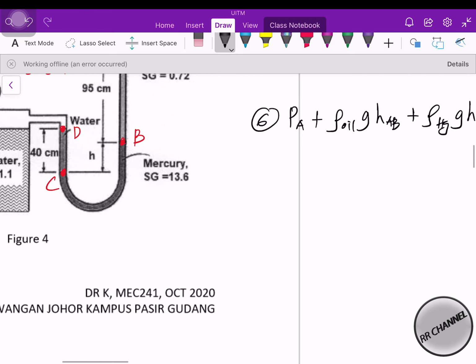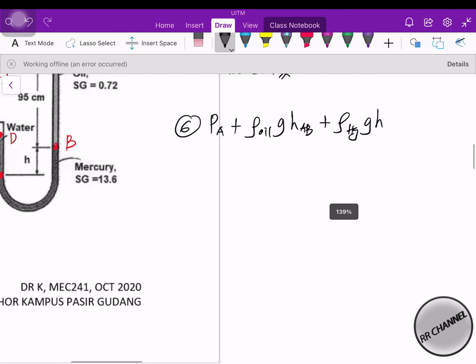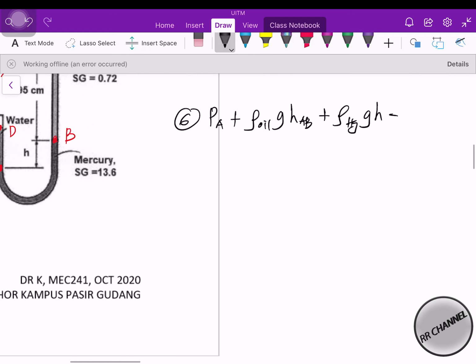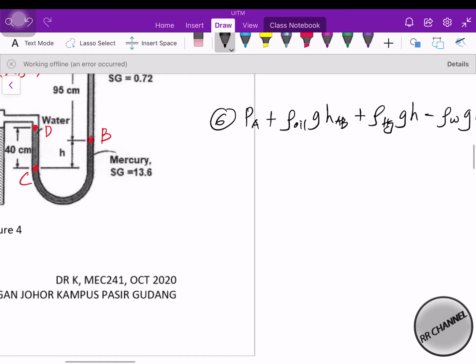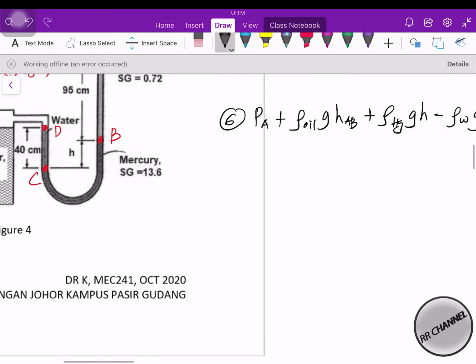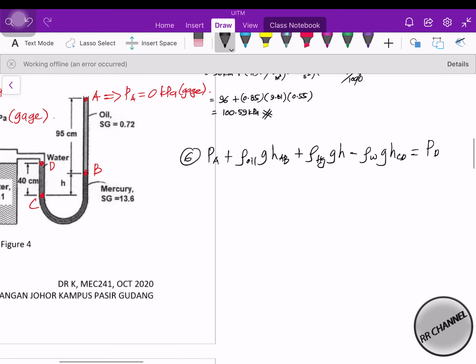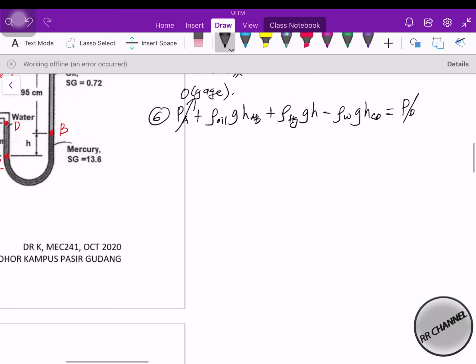And then from point C to point D is water, so we need to minus because it goes upward: rho of the water multiplied by g multiplied by h_CD. Then we have reached point D, which is the pressure at point D, equivalent to 80 kilopascal. Here your PA is 0 because this is gauge pressure, while PD is equal to 80 kPa.